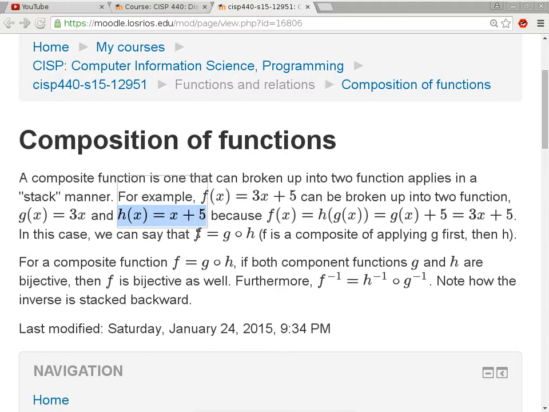So if both component functions of a composite have inverses, then the overall composition itself also would have an inverse. In fact, if you can find an inverse for G, you'll put it here. If you can find an inverse for H, you'll put it here. So if you look at the composite of the inverse of H and then the inverse of G, that becomes the inverse of F itself.